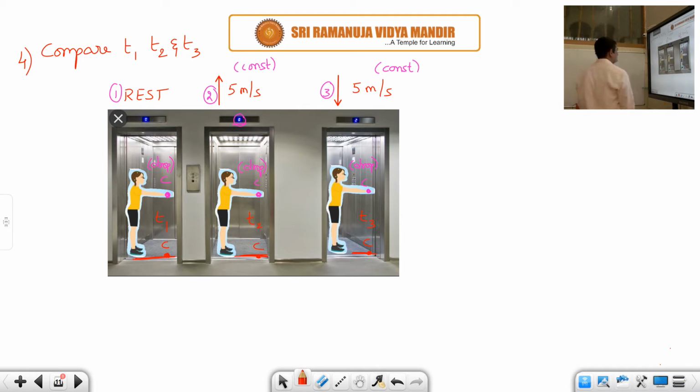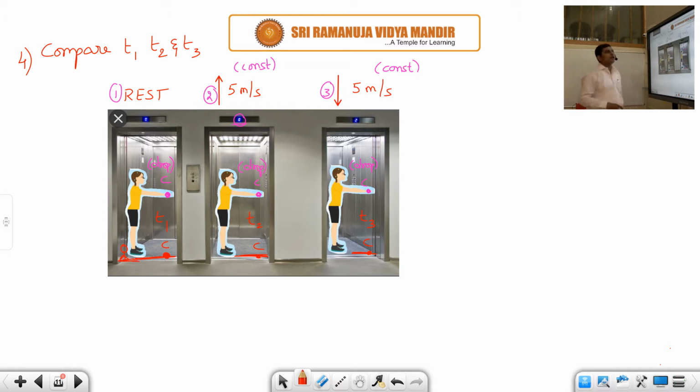All times are the same. Here all the coins will reach the floor of the lift at the same time. Why? Because, let us see, students. Since the final position of the coin is the floor of the lift, it is finally reaching here, correct or not? So you should also stand here and observe this coin.